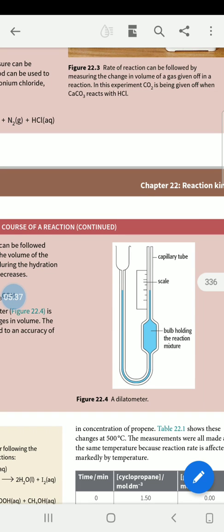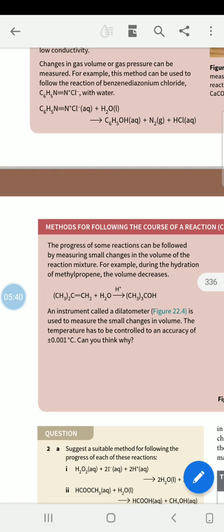Here we have a very small amount of volume being reduced, but that gives us a reading as to how the chemical reaction is progressing and its rate.